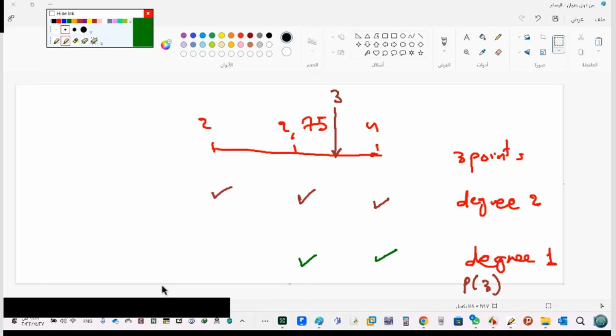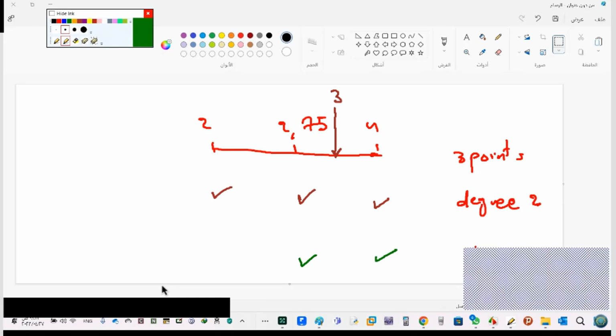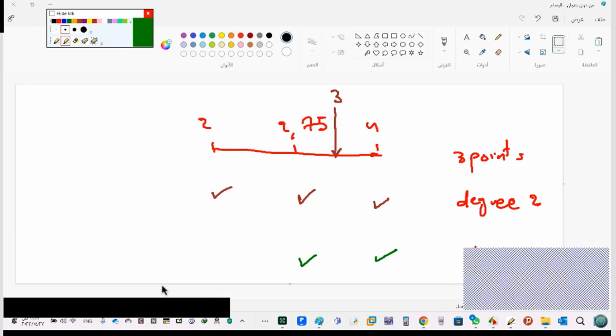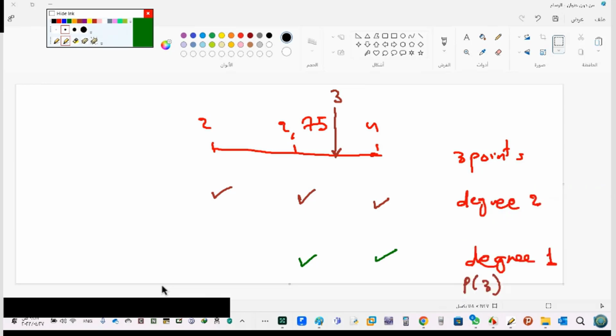Got it? Got it? Ahmed, Barish, Sila, everyone. Got it? So I will need, based on my question, he asked to find P(3). So I need 1 point before, 1 point after. So here I selected 2.75 and I select 4.